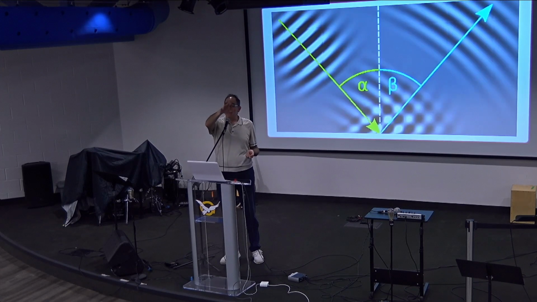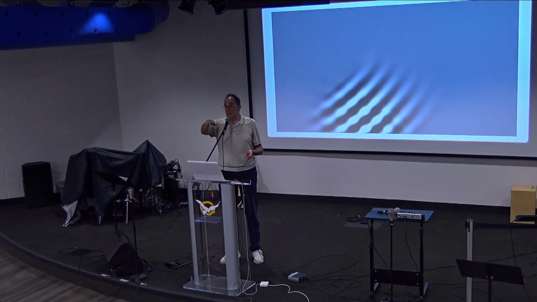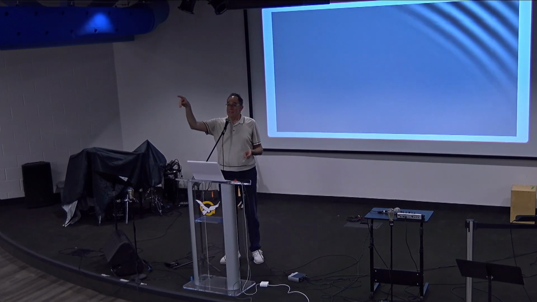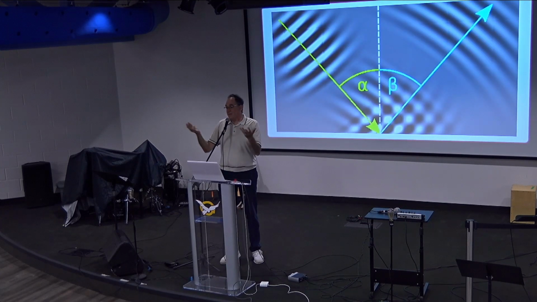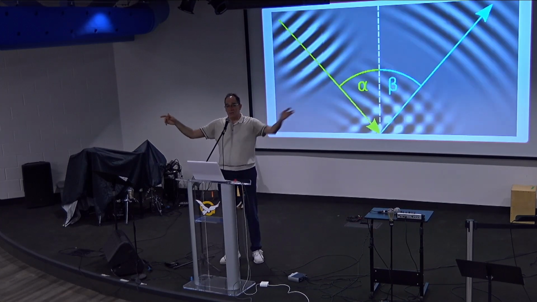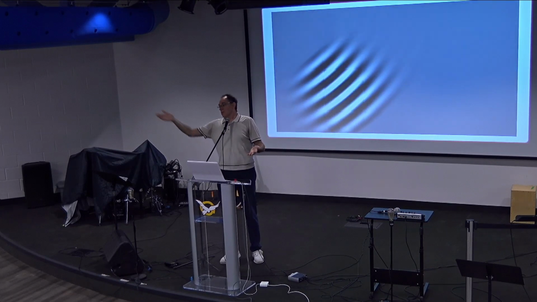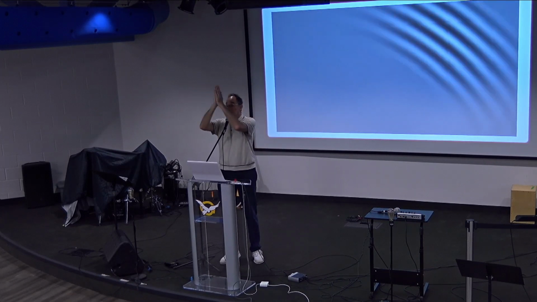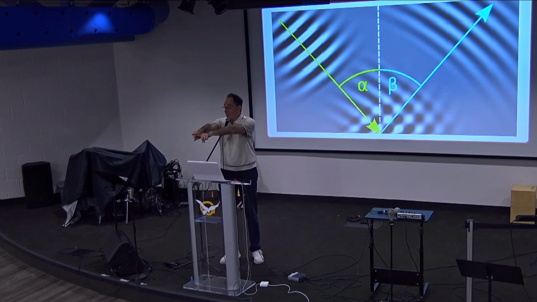So the wave coming from the left bounces to the surface below, and then it bounces back to the right. And the angle of reflection is very much like light, right? You go to this angle, it goes to this angle. It goes to a more obtuse angle, it goes to a more obtuse angle. If it goes to a 90-degree angle, it bounces back to you, right? So the angle of reflection really depends on where the wave is coming from and where it bounces back.